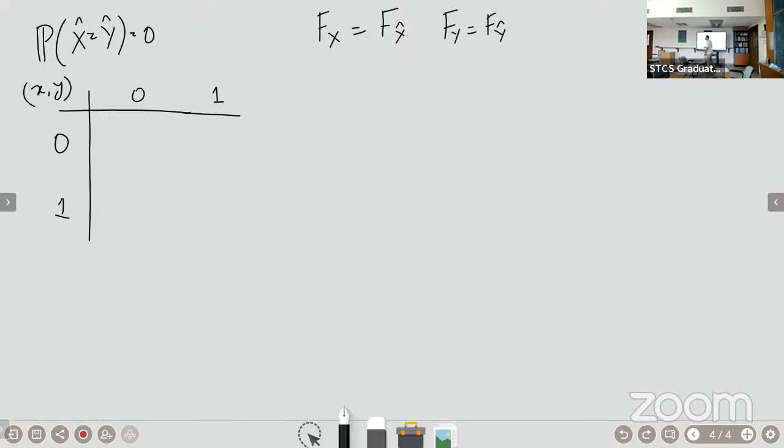These are the only conditions. So the sums have to match somehow. So let this be x, okay? This is my x axis. This is my y. What entries can I put so that I make sure that this is true? So let's call them A, B, C, and D. I just want to fill up this 2 by 2 matrix.